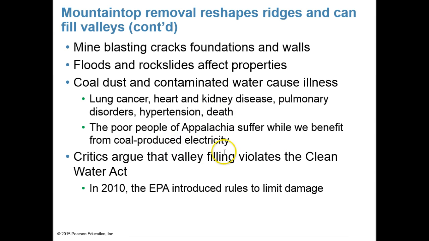The poor people of Appalachia suffer while other people benefit from the coal-produced electricity. Critics argue that valley filling violates the Clean Water Act. In 2010, the EPA introduced rules to limit this damage.